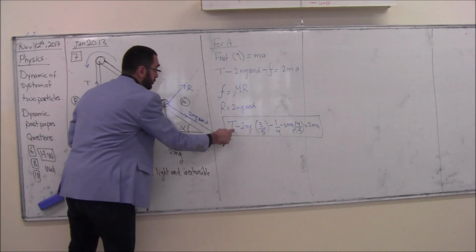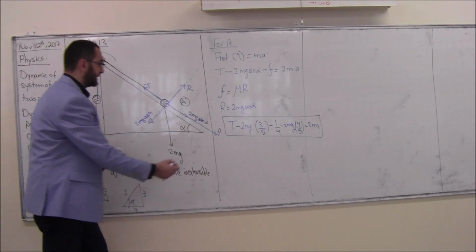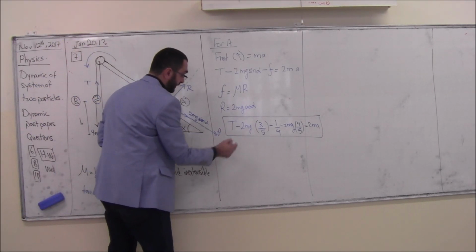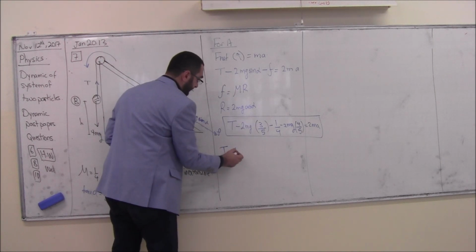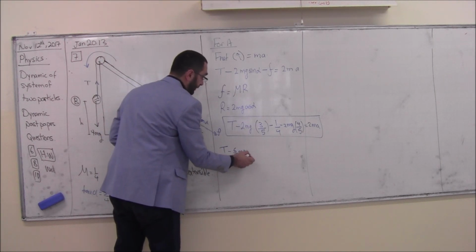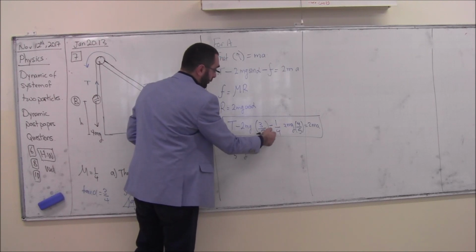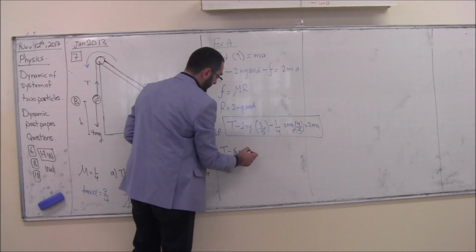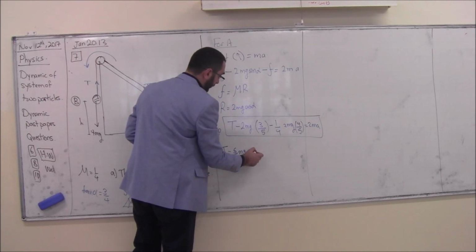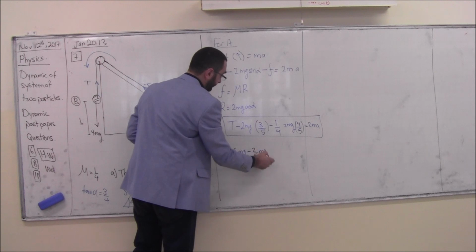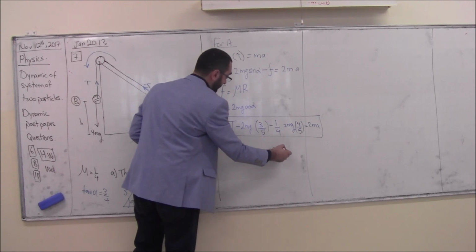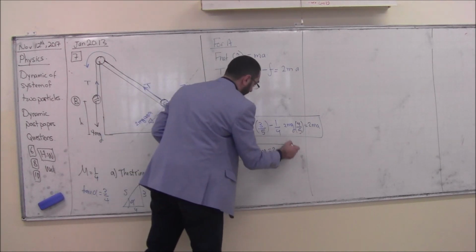This is the equation of motion of particle A. I can simplify it as T minus 6 over 5 mg minus 2 over 5 mg equals 2ma. This is equation number 1.